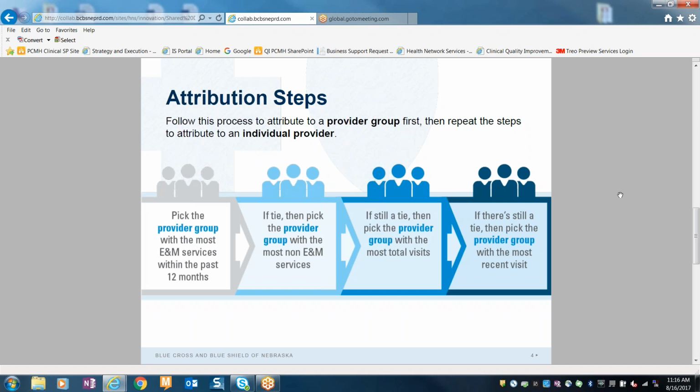So again, if there would be a tie within the clinic, if this patient saw 2 different practitioners over the last 12 months within that clinic, once for an E&M for each physician, then we would move on to, again, tiebreaker number 2, where we're looking at the most non-E&M services between those 2 physicians.